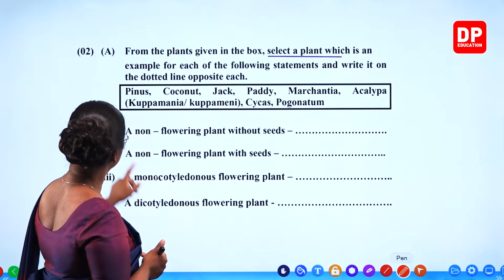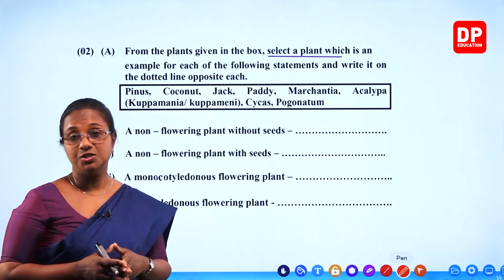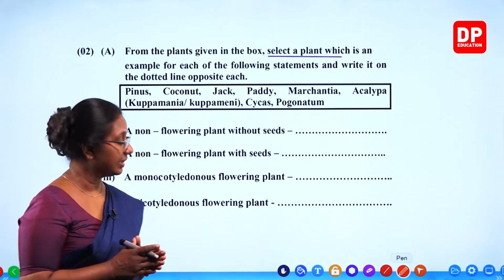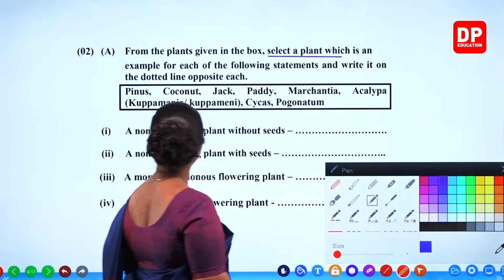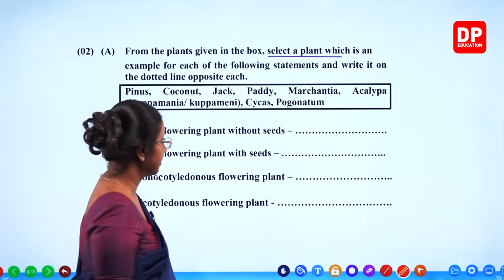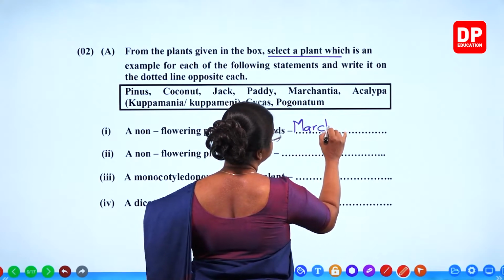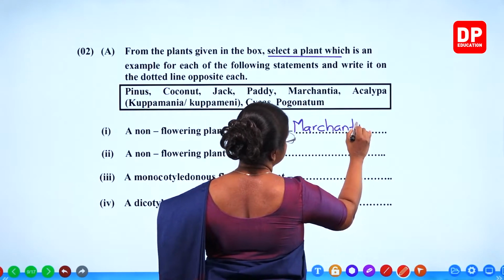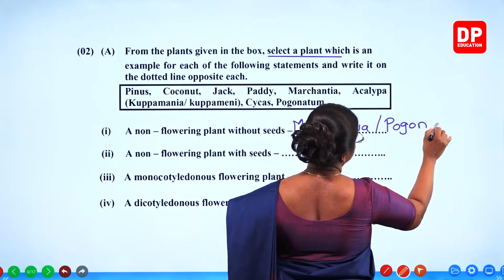So if we look at the type of plants, the first one is a non-flowering plant without seeds. There you have to select the non-flowering plant without seed, which has to be marchantia or pogonatum.